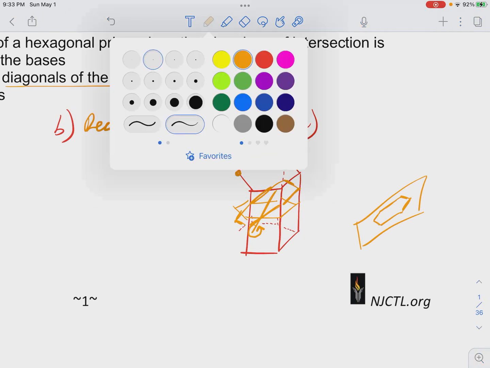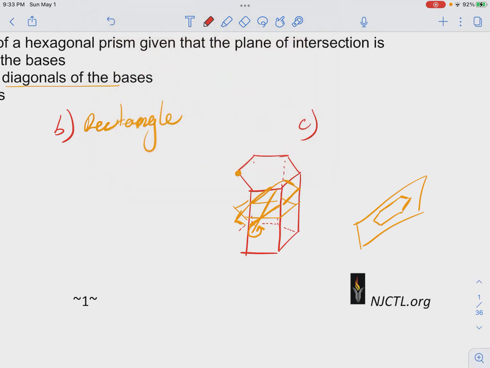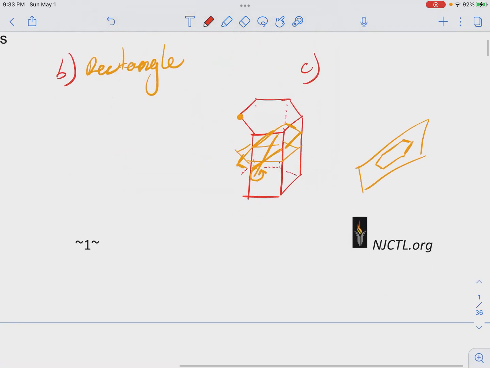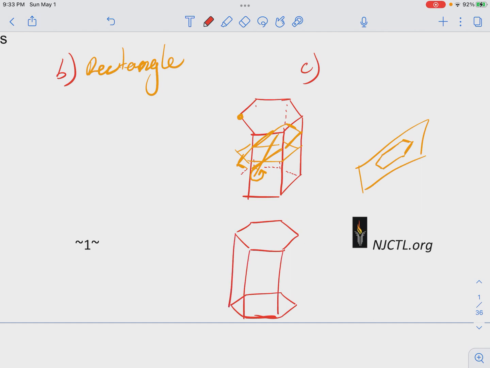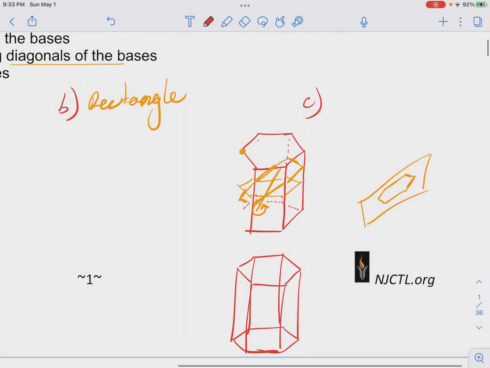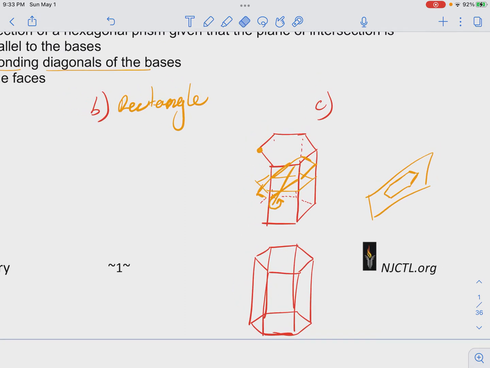So we're going to redraw this figure again, because that one got a little messy. So if we have this hexagonal prism, now drawing the base, connected, ta-da! We have our hexagonal prism again.